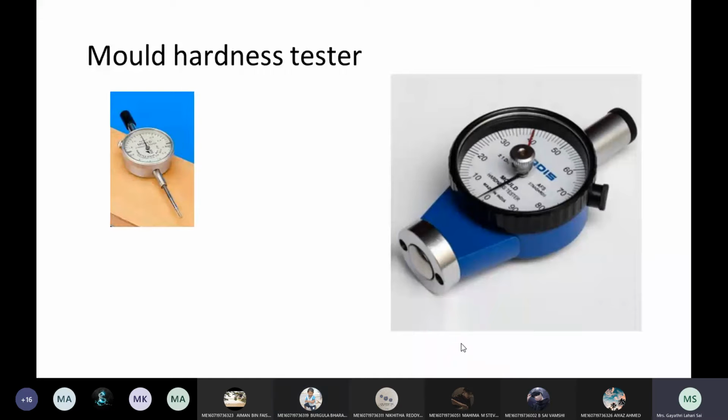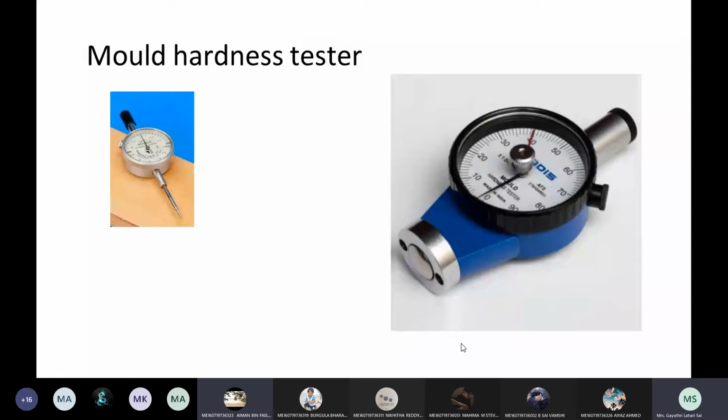What is then hardness? Ability of a material to resist indentation, penetration, and scratchings. So is it needed for the sand? You just think and tell me why it is needed.